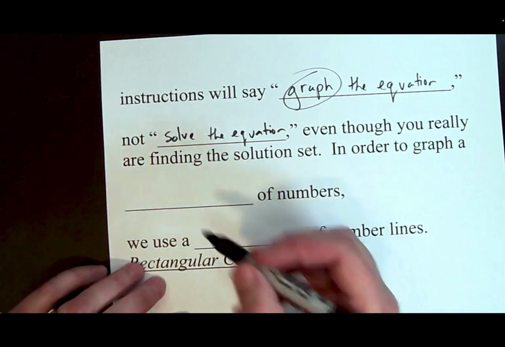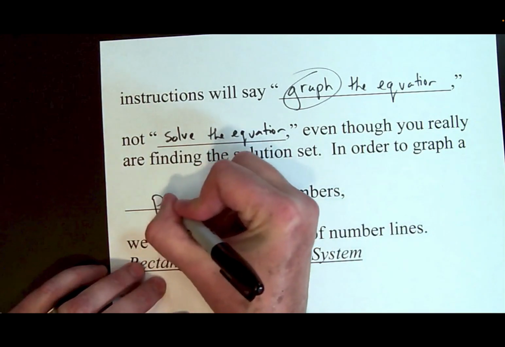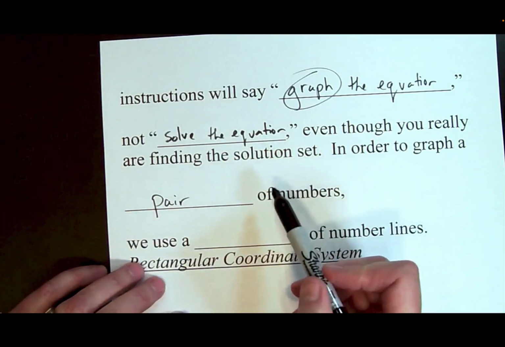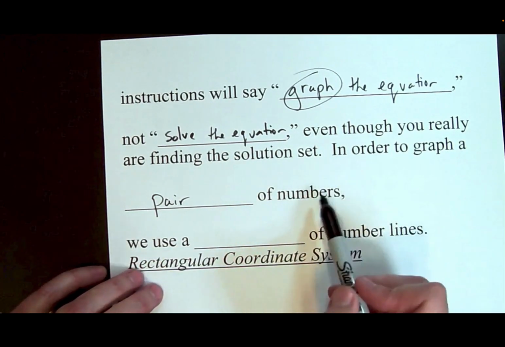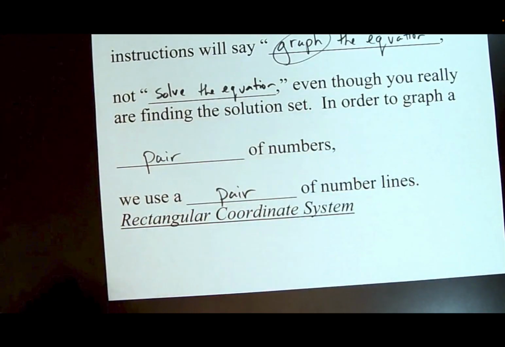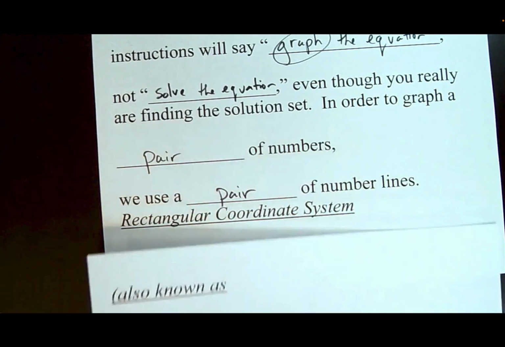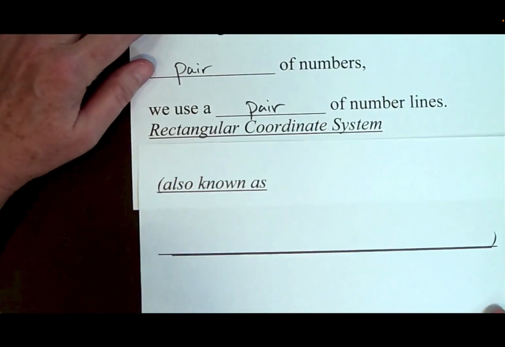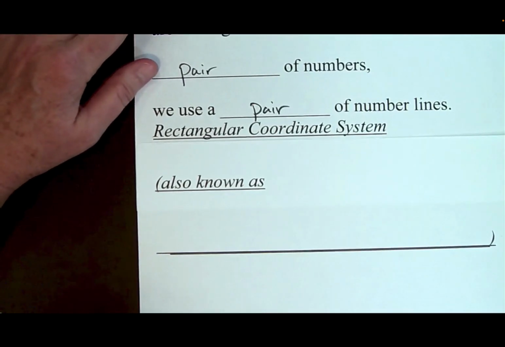Now, in order to graph a pair of numbers, remember our solutions are xy pairs, in order to graph those xy pairs, we use a pair of number lines, in what's called the rectangular coordinate system.